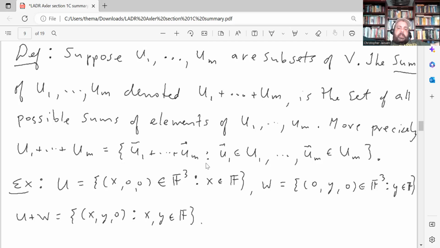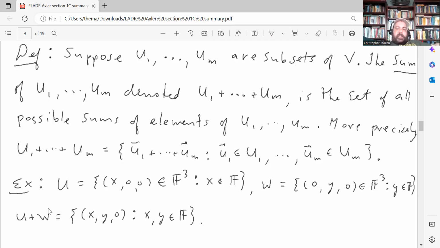It's the set of vectors that can be written in the form u1 plus all the way up to uM, where each of the vectors in the sum comes from the respective subset. So the little vector u1 has to come from U1, u2 has to come from U2, and so on all the way up to the vector uM, which has to come from UM. All right, so we call that the sum of those subspaces.